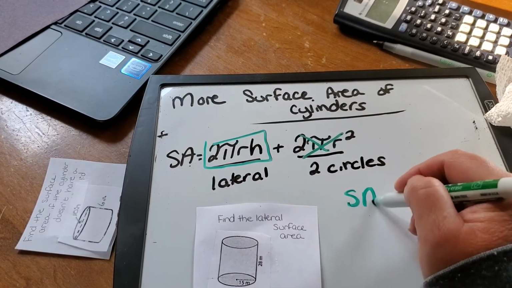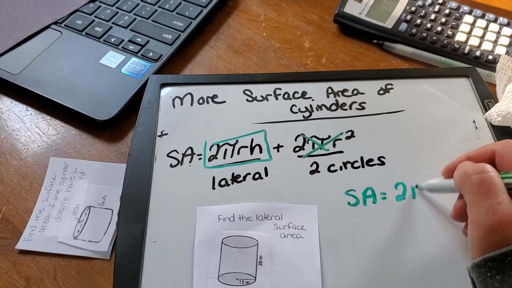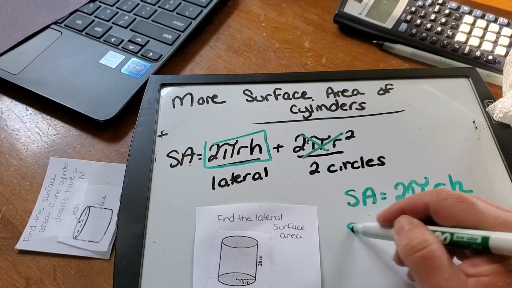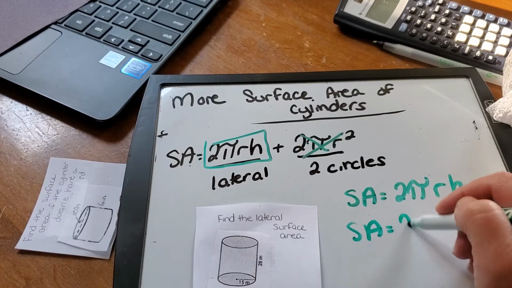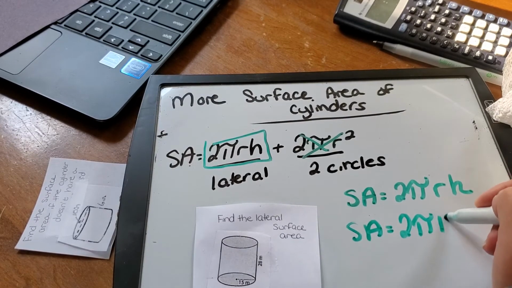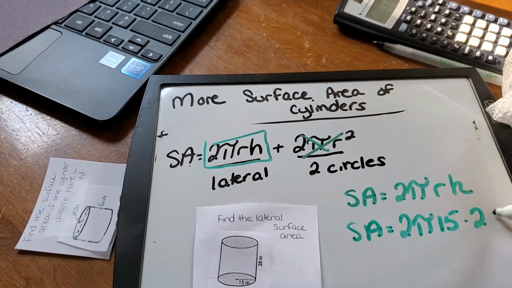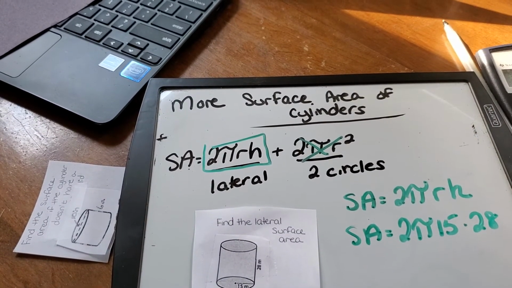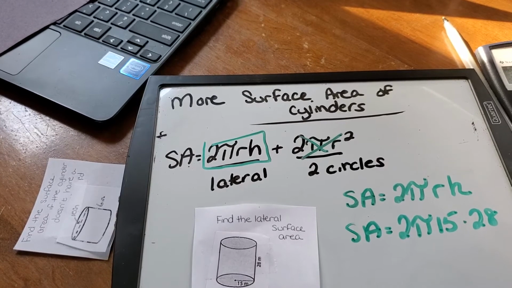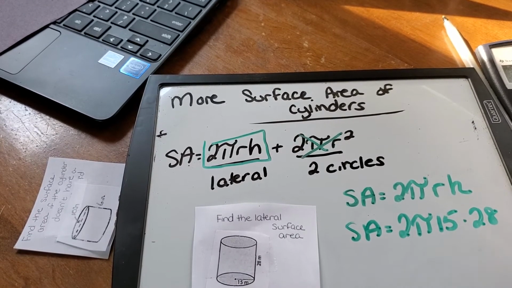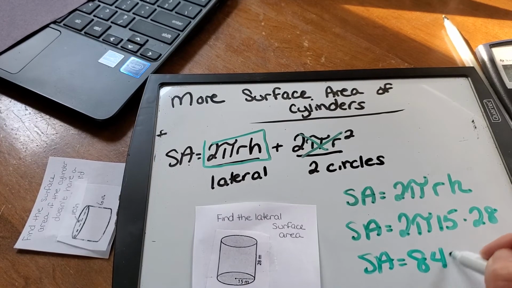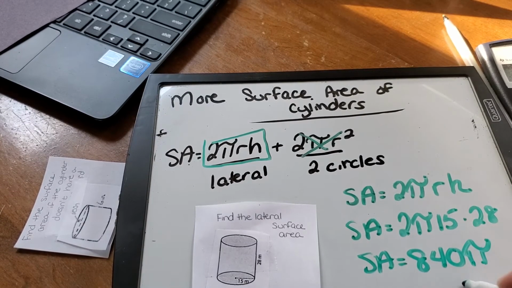So I'm just going to do 2 times pi times the radius times the height. Here the radius is 15. The height is 28. I can do 2 times 15 times 28, which is 840. So this is 840 pi. And then it has a label of square meters.